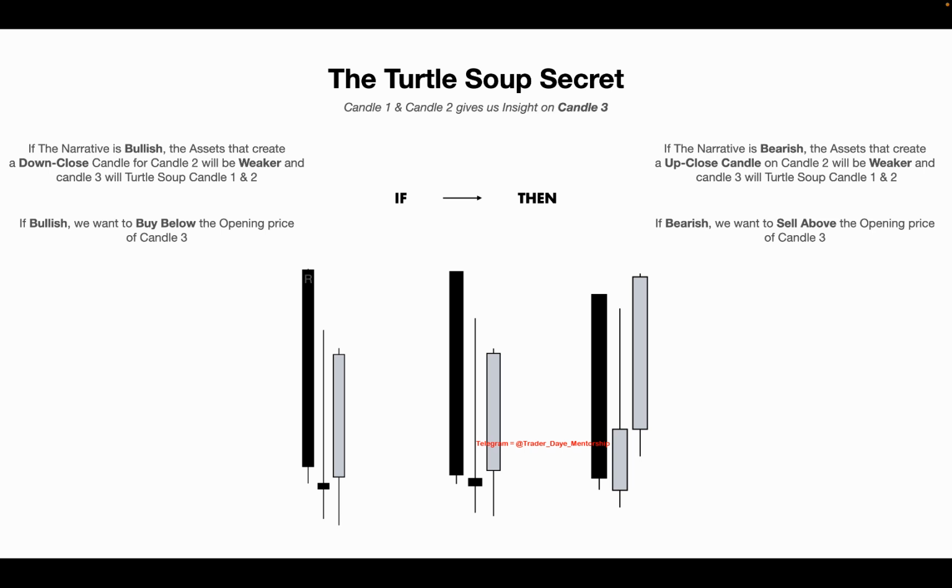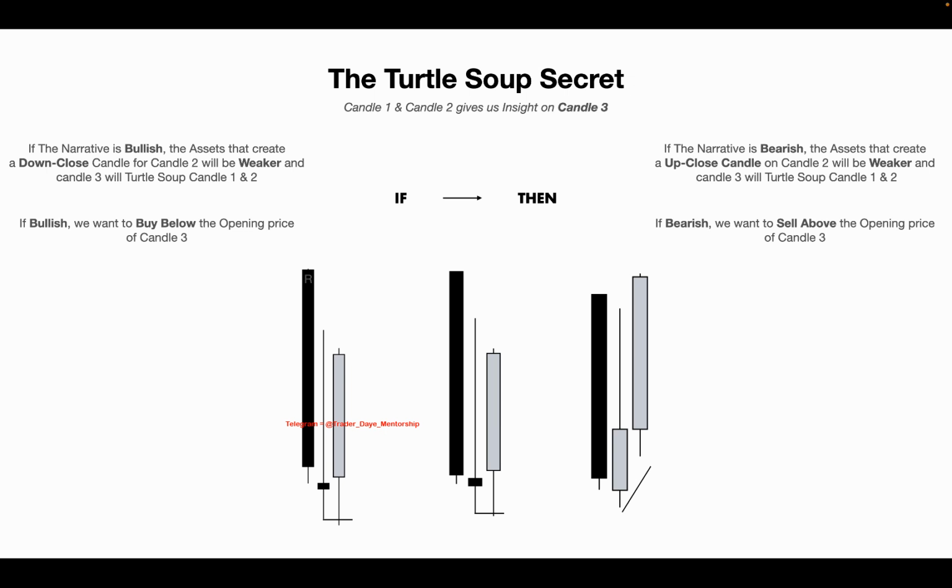Now I want you to look down below for a second at the low of the PSP. As you can see, we have an SMT with candle number 2 and candle number 3. Now, this is not random.